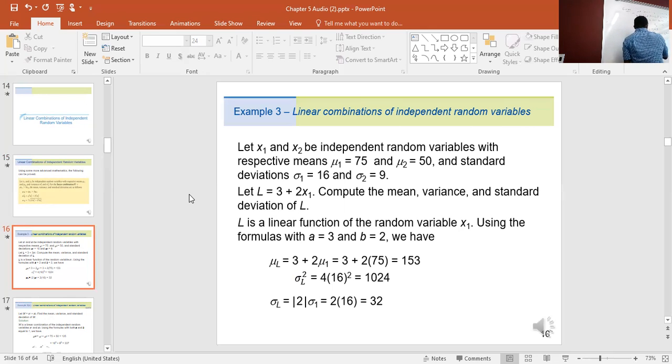And the variance of t is variance of x, not minus, plus, I'm sorry, plus variance of y. And that is what makes the difference between variance and mean.